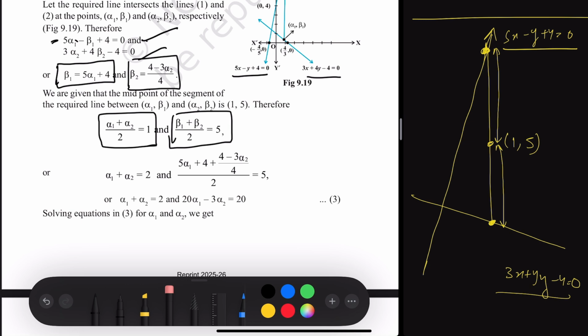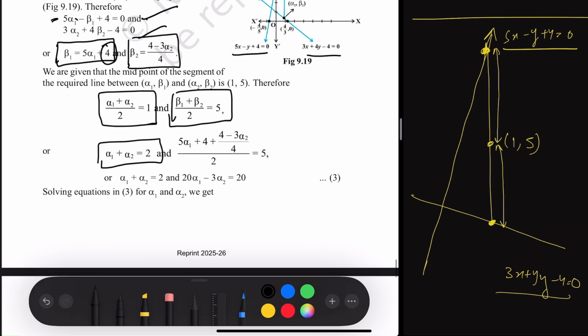So from here, what we can do is we know that alpha 1 plus alpha 2 is equal to 2. Okay, so now we have substituted the value of 4 with the relation between these two.